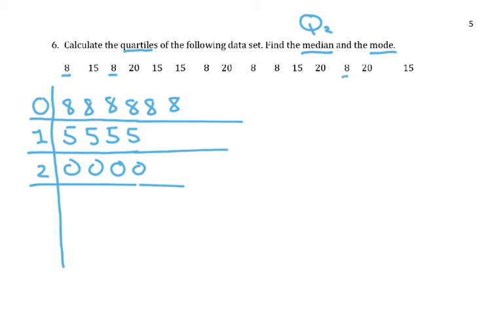I'm here. 20, 15. How many are there? 1, 2, 3, 4, 5, 6, 7, 8, 9, 10, 11, 12, 13, 14, 15. 1, 2, 3, 4, 5, 6, 7, 8, 9, 10, 11, 12, 13, 14, 15, 16. I did a quick check by counting. I had too many 20s.